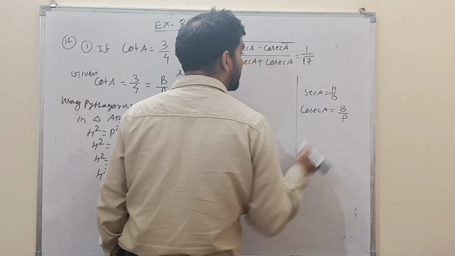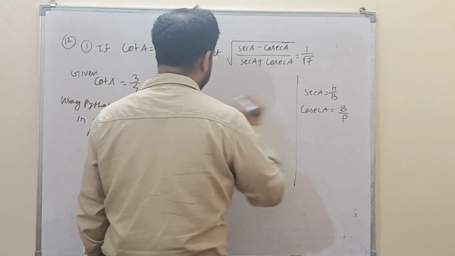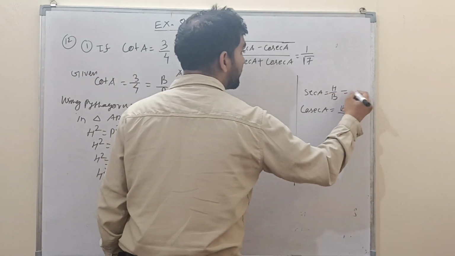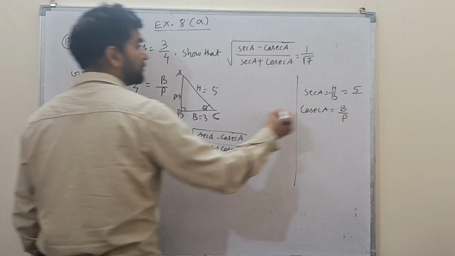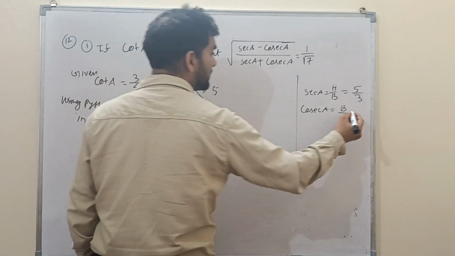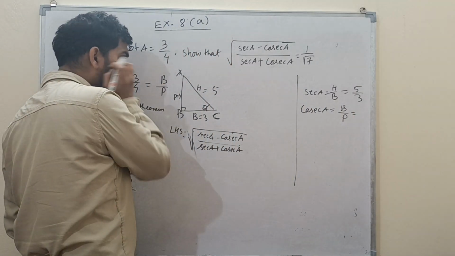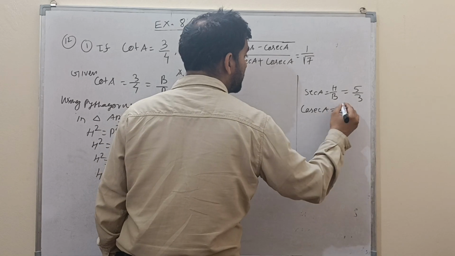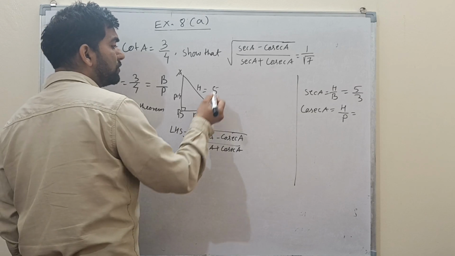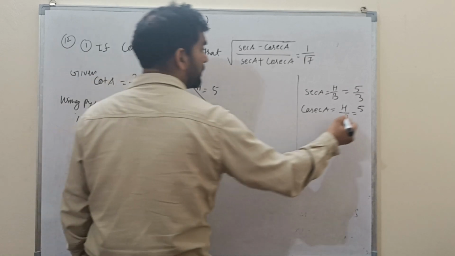So sec value will be 5 by 3, hypotenuse we have calculated as 5. Cosec is hypotenuse by perpendicular, hypotenuse 5 and perpendicular 4, so 5 by 4.